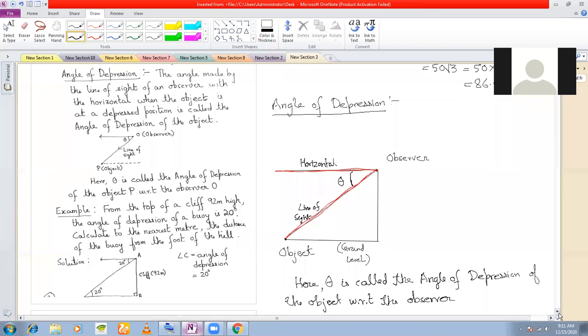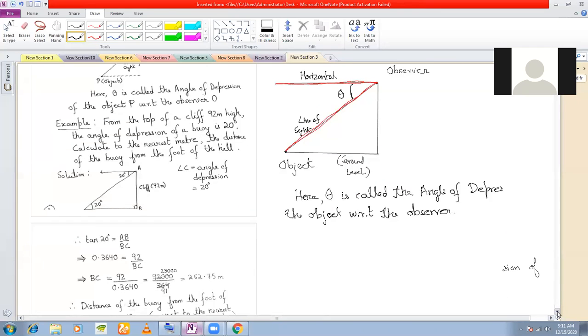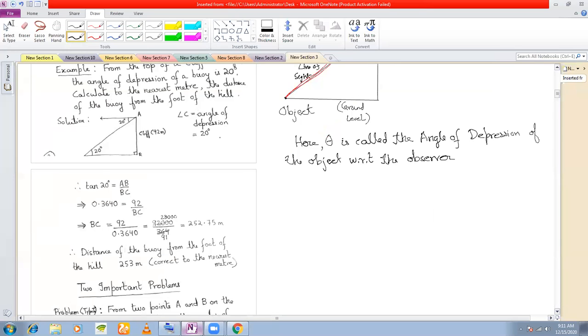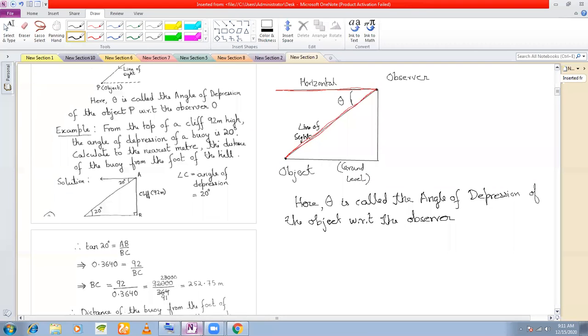Okay, so this is what angle of depression is. Let's see an example of how to apply the concept of angle of depression.